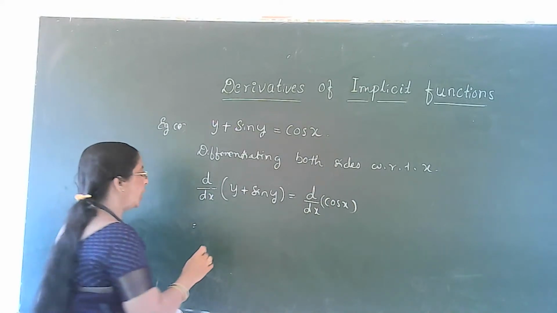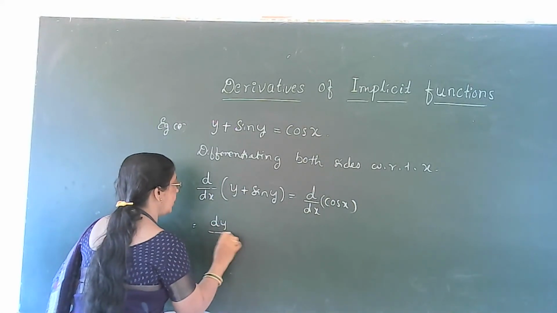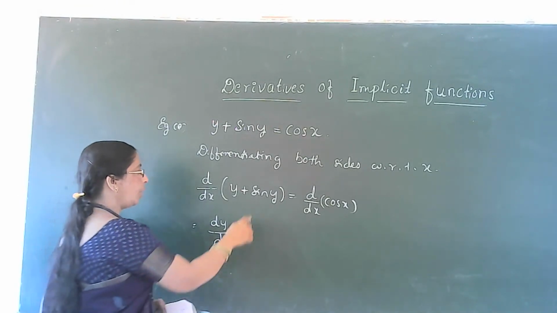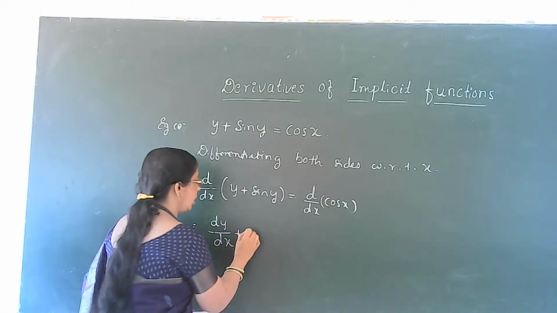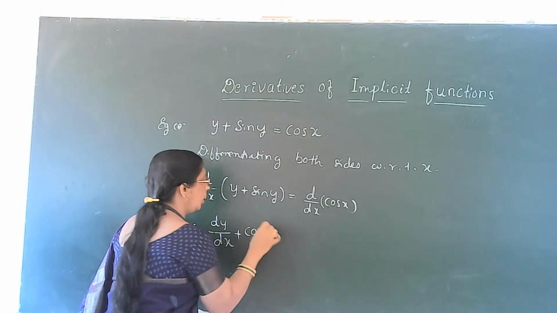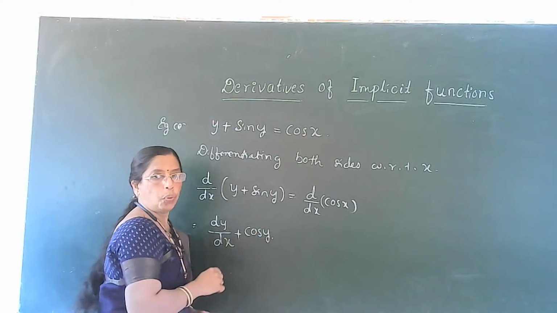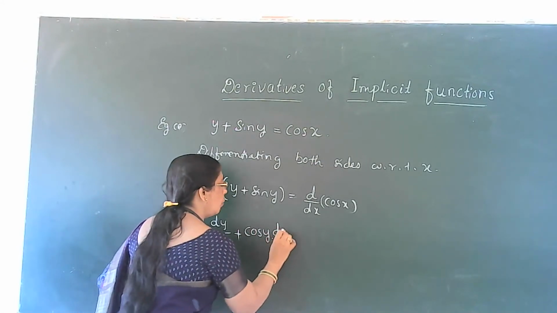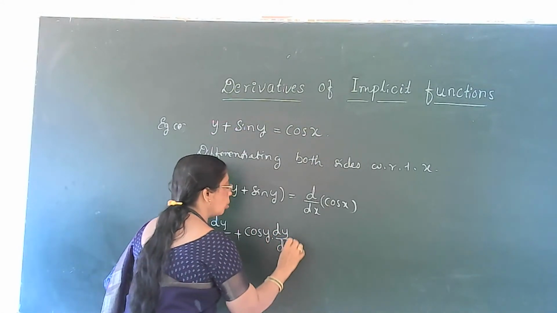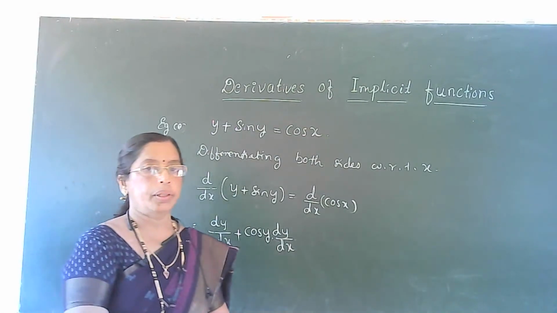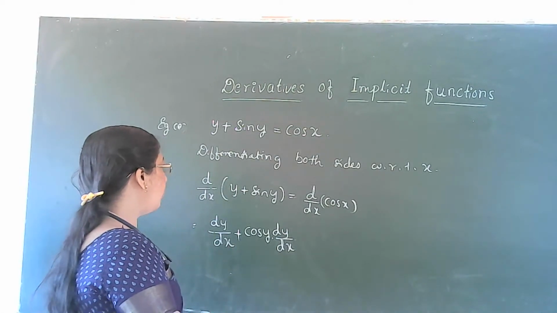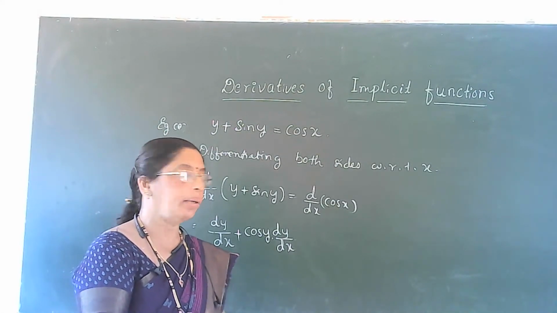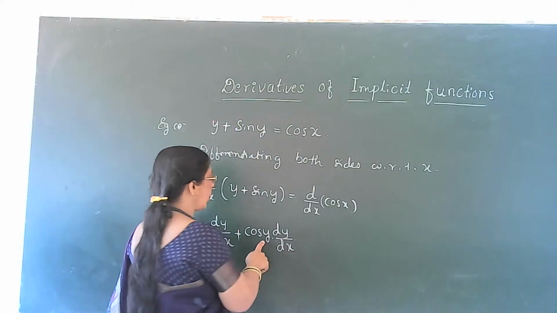First, the derivative of y with respect to x is dy by dx, plus the derivative of sin y, which is cos y into the derivative of y with respect to x. Therefore, dy by dx we also have to write, because cos y is differentiated with respect to y, so we again find the derivative of y.